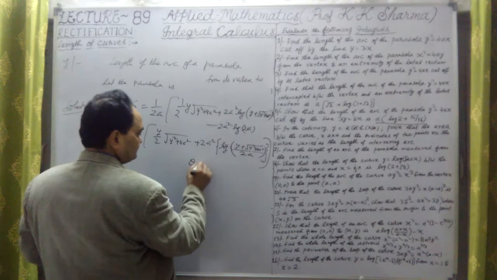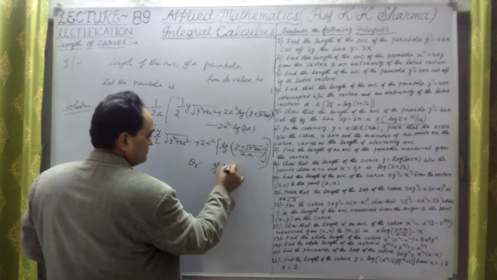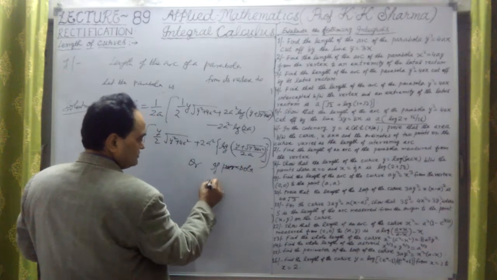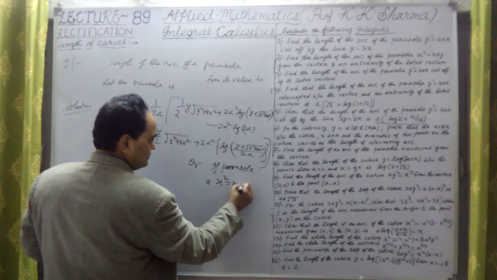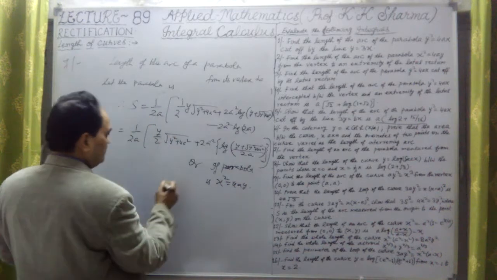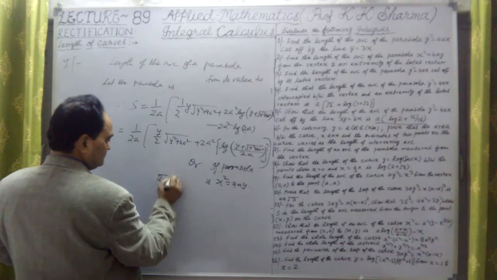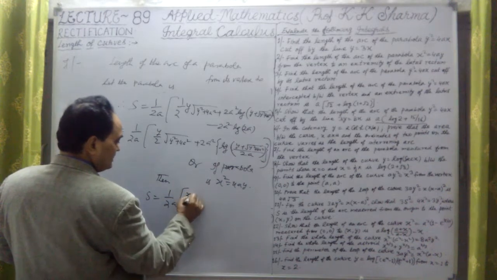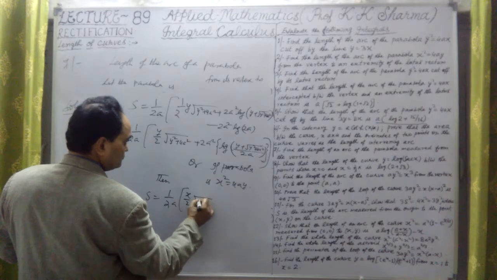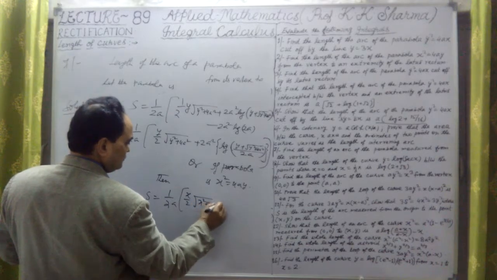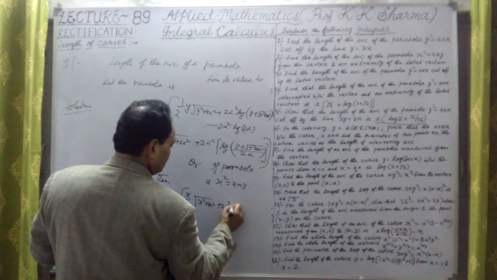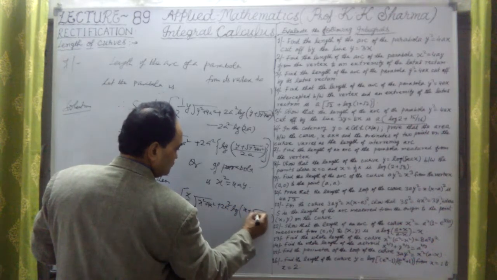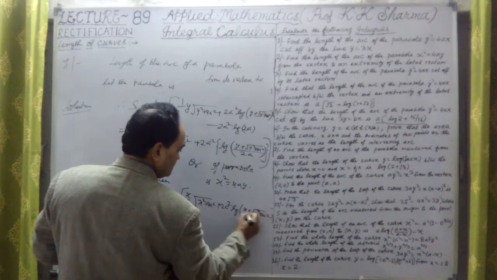Or if the parabola is, let me write here, if the parabola is x square equal to 4ay, then s is equal to 1/2a, in bracket is x upon 2, under the square root it is x square plus 4a square, plus 2a square, we have taken common, into log of x plus under the square root x square plus 4a square upon 2a.